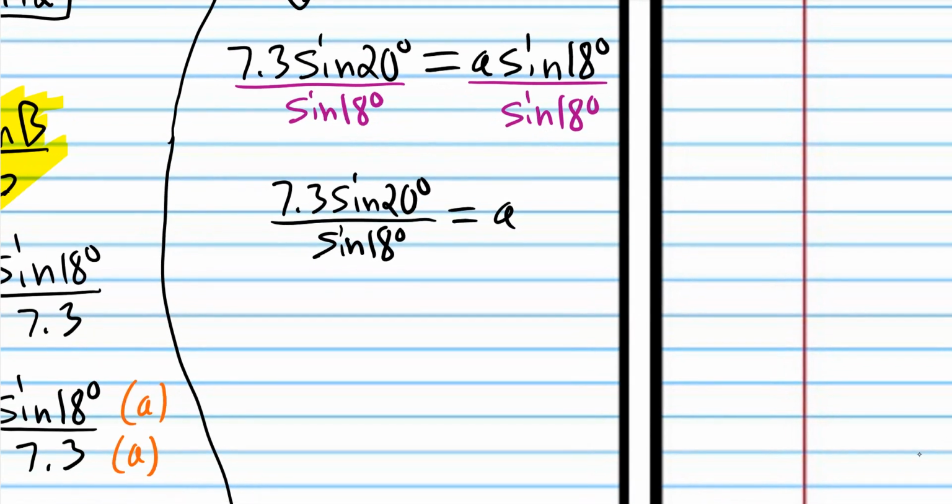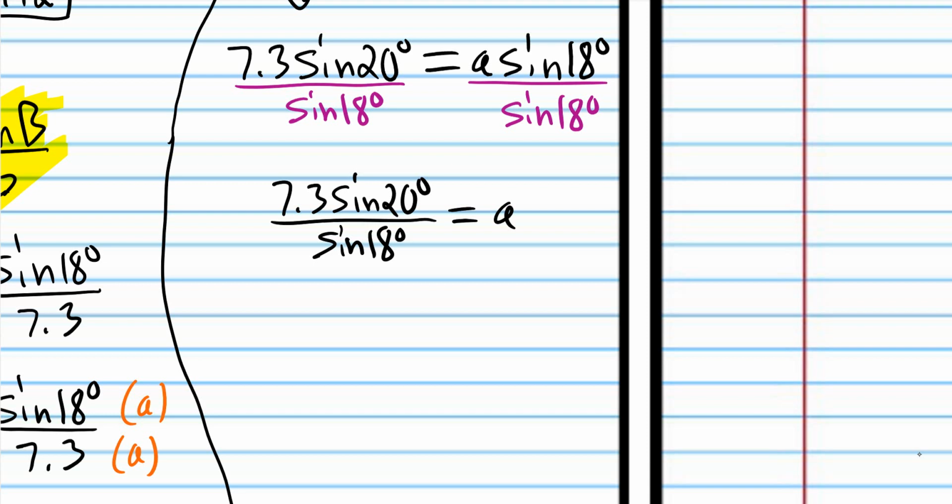So now all we have to do is to go to our calculators. Now, if you have a graphing calculator, you're going to enter something like this: 7.3 times sine 20, enter, divided by sine 18, enter.